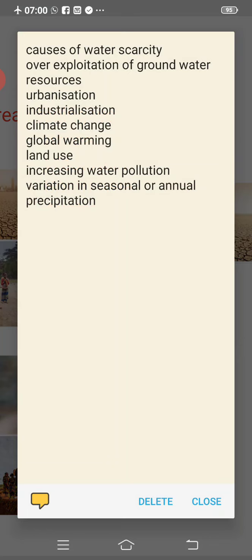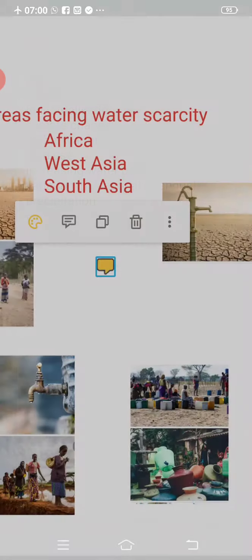Then population growth followed by increased water consumption, overexploitation of groundwater resources, urbanization and industrialization, increasing water pollution, climate change, global warming, land use, and salination of water in coastal areas. These are some causes of water scarcity.